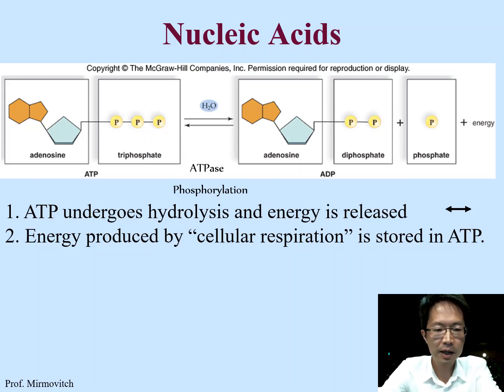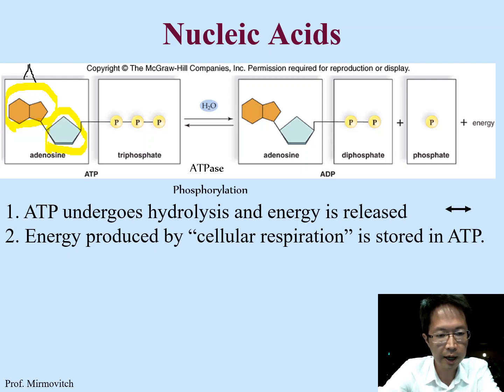So ATP has a structure very similar to a nucleotide we see in DNA and RNA. Why? It has a pentose sugar. It also has a nitrogenous base, but the nitrogenous base here is always A, the adenine.